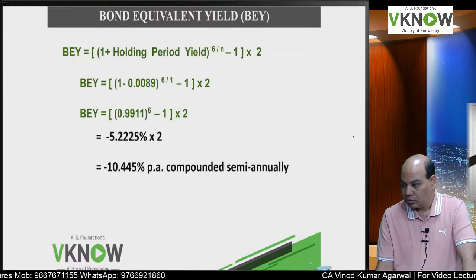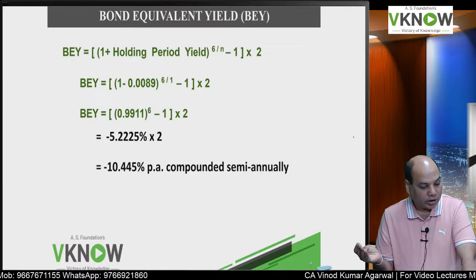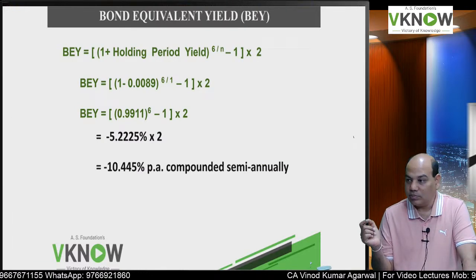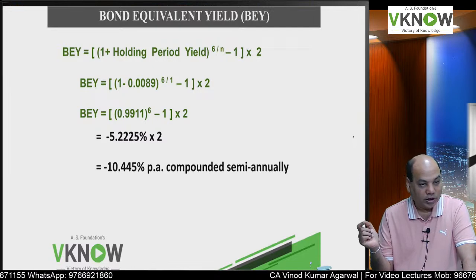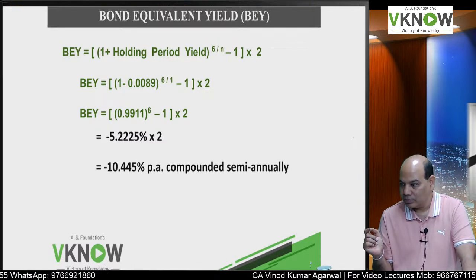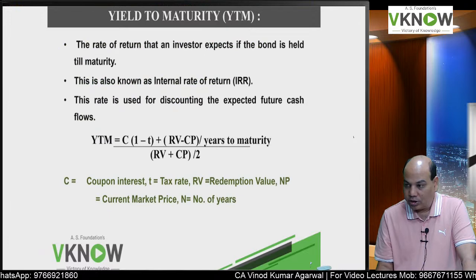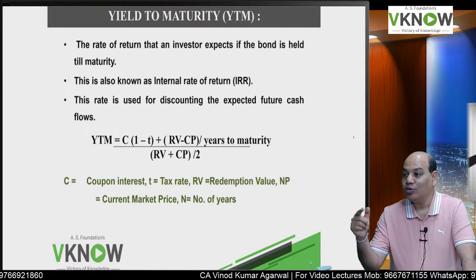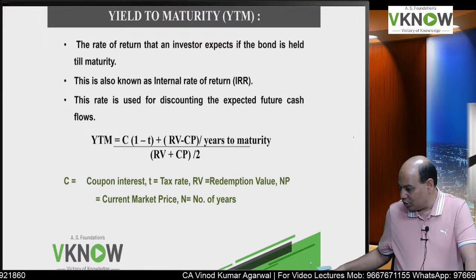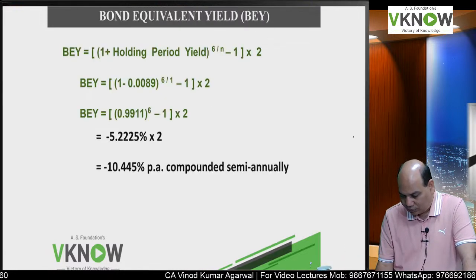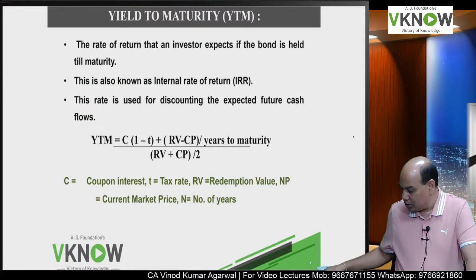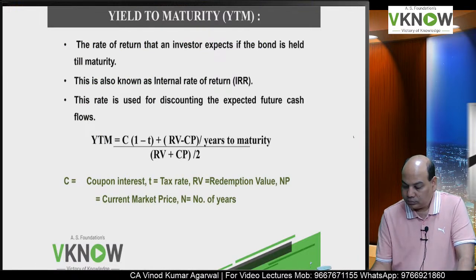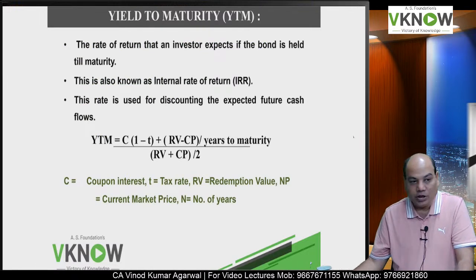So we have studied so far how many types of yield: holding period yield, money market yield, bond equivalent yield, effective annual yield. But the most important yield in this chapter is yield to maturity. Roshni said 10.46. You are right, 10.46 you can write. Now the next issue is yield to maturity.